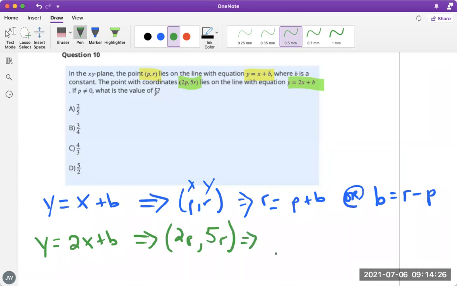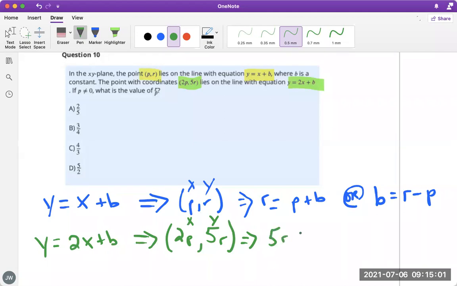What does that give me? Let's see. 2p is your x, 5r is your y. You can pause if you want to substitute it in on your own, and then let's see what we get.